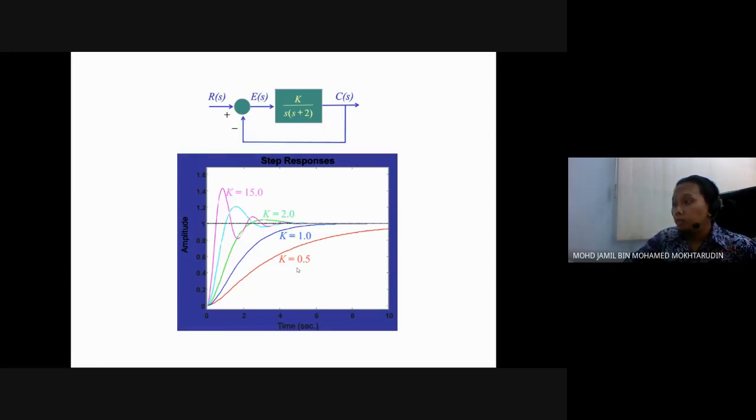But now what you see here is that the step response or the time response of the system also depends on the gain k you give to the system. So instead of depending only on poles, it also depends on the gain k. Okay, so there are 2 things that decide or determine the nature of the response of a system. You have gain k and also the poles.